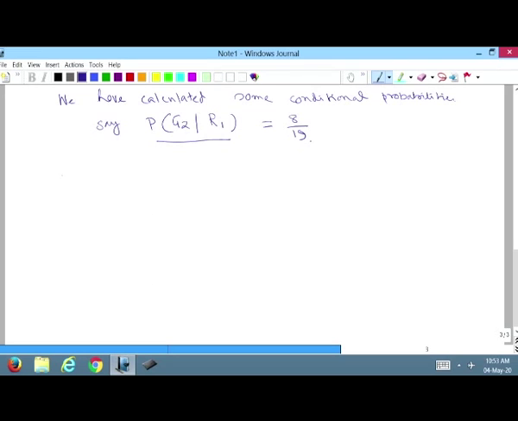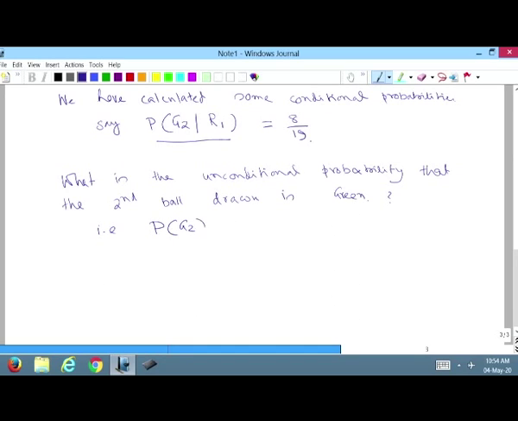My question is, what is the unconditional probability that the second ball drawn is green? That is, we are looking at the probability of G2.